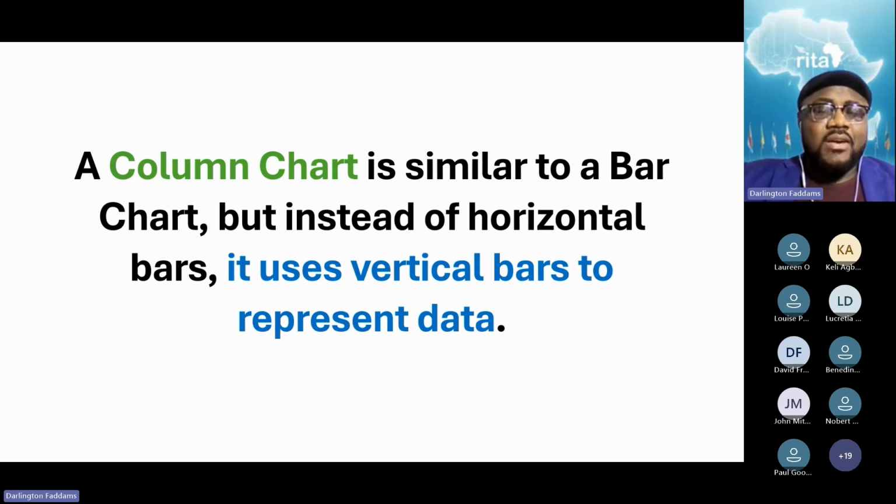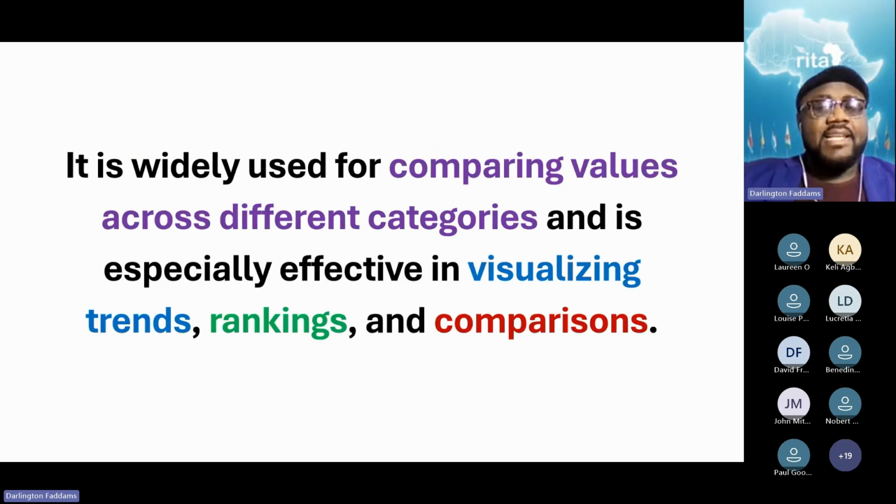So a column chart is similar to a bar chart, and this time we are referring to the horizontal one. They are similar, but instead of the horizontal bars, it uses vertical bars. It is widely used for comparing values across different categories. We talked about this last week, where we use it to compare values between different categories like laptops and other devices.